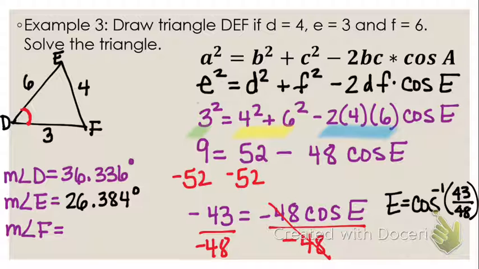Now, we don't have to do law of cosines to find the third one, because when we know 2, the third one is easiest. So take 180 and subtract angle D and angle E. So take 180 minus 36.336 minus 26.384.